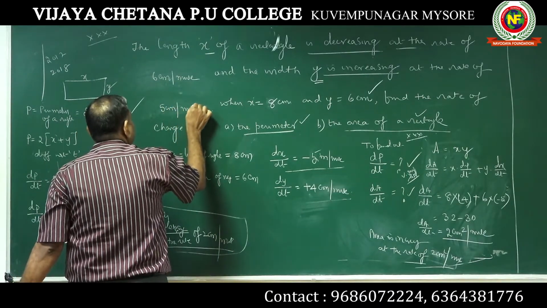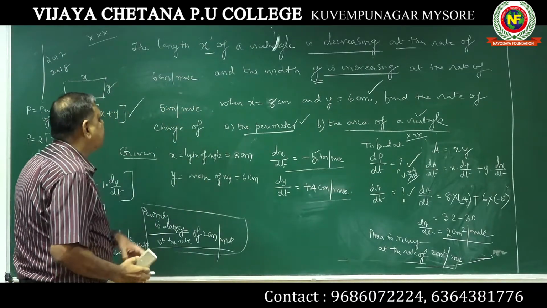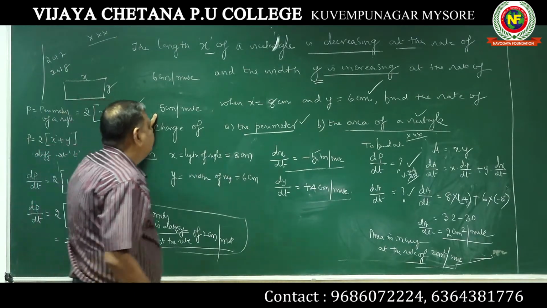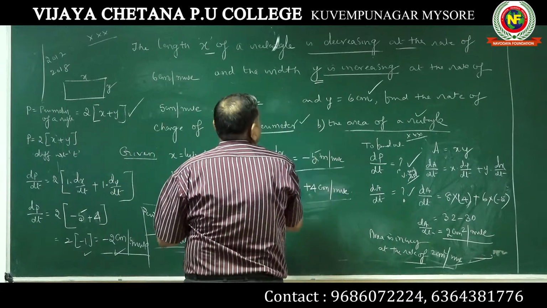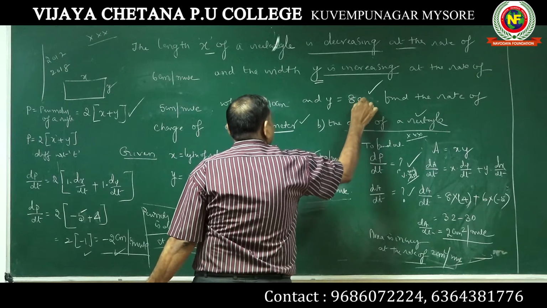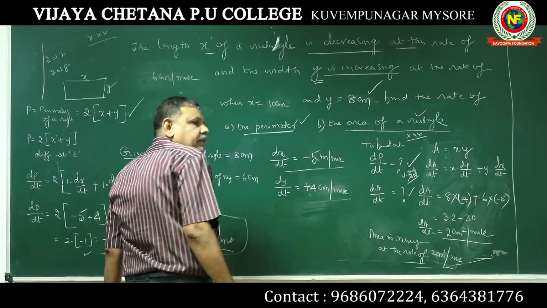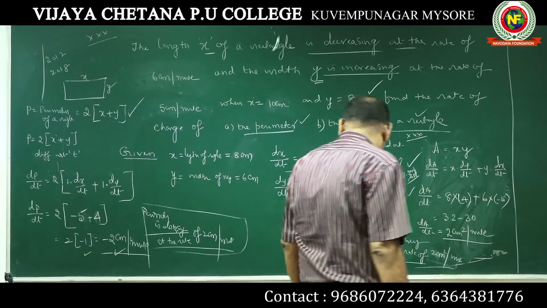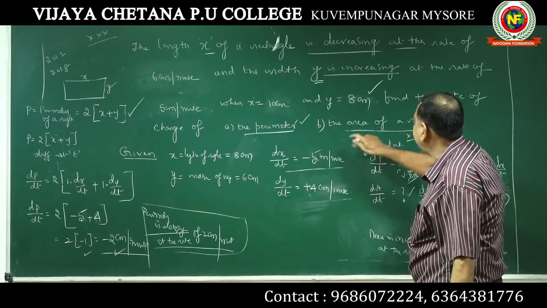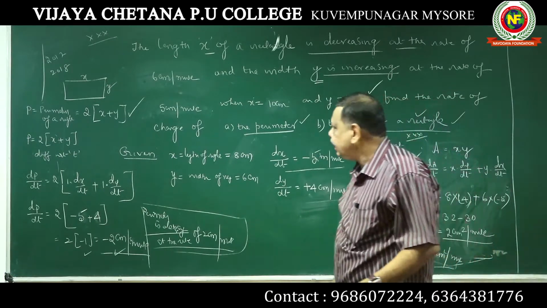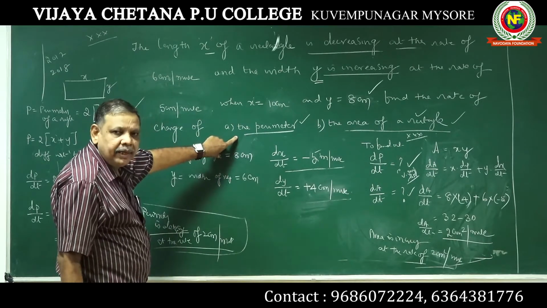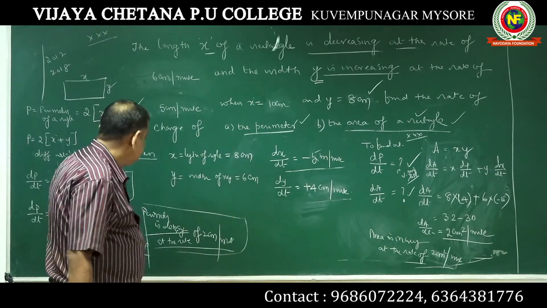So dx by dt is minus 6, dy by dt is plus 5, and when x equals 10 centimeter and y equals 8 centimeter, find the rate of change of the perimeter and the area of the rectangle.